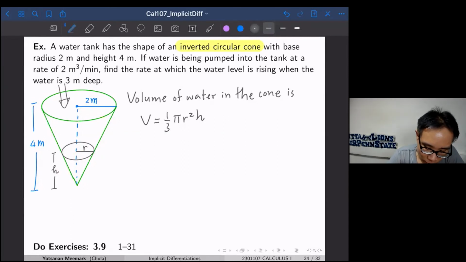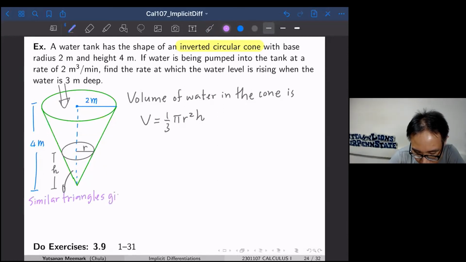So the similar triangle gives r over h equal to 2 over 4. So in this case, you have r equal to h over 2.